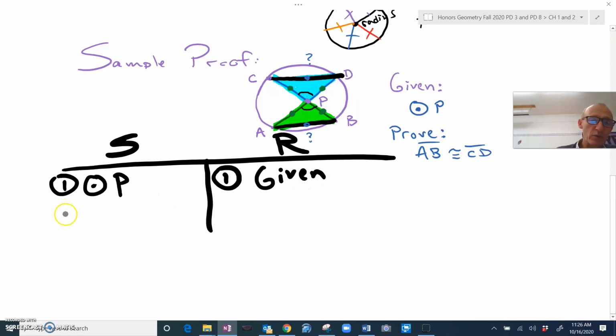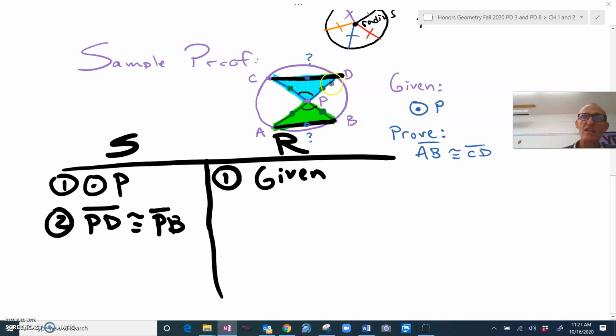The second thing we will write is that PD is congruent to PB, and that is because all radii are congruent. Whoops, that should be a 2 here.